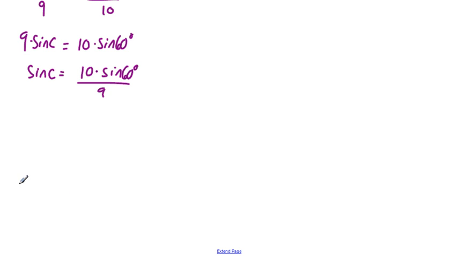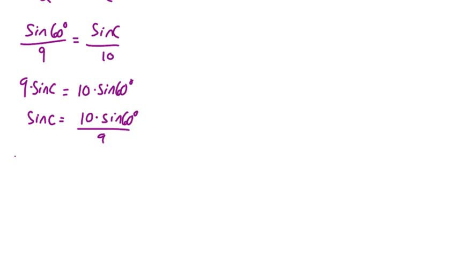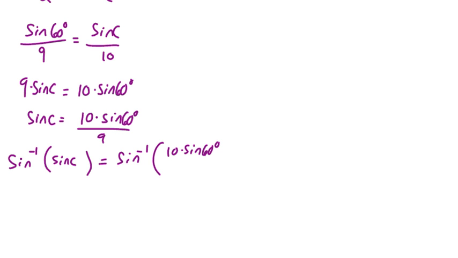So I do the sine inverse of sine of C. If I take the inverse of the left side, I must do the same thing on the right side: the inverse of 10 times sine of 60 degrees all over 9. We want that because sine inverse and sine are opposite operations. So this is how we get our C.